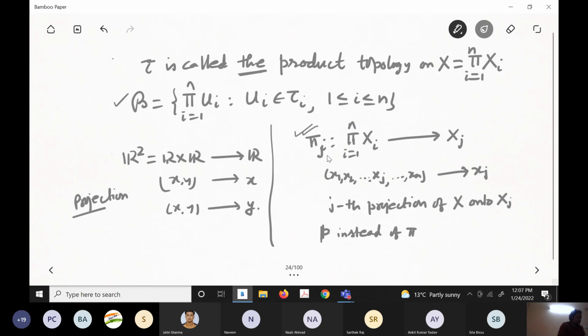Now look, you have got a topology which is a base, and here you already had the topology. So this is a map between two topological spaces. The first question you can ask is whether pi_j will be continuous.